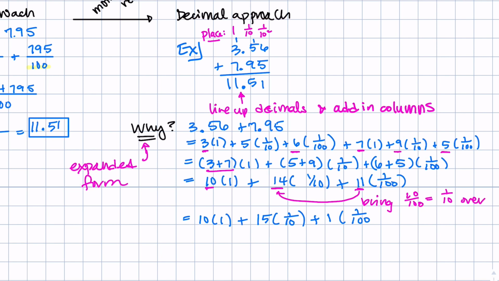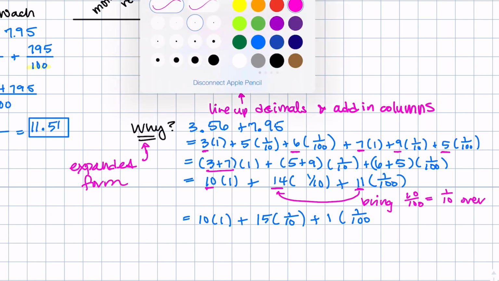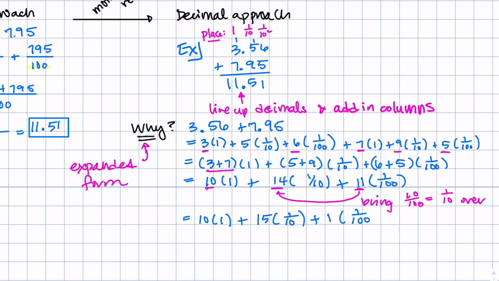Right, so I'm moving 10 hundredths, or 1/10, so that gives me now 15 tenths. Doing the same thing in my tenths column, I want this to be a digit, so it has to be less than 10.